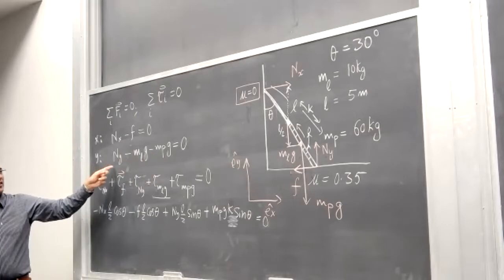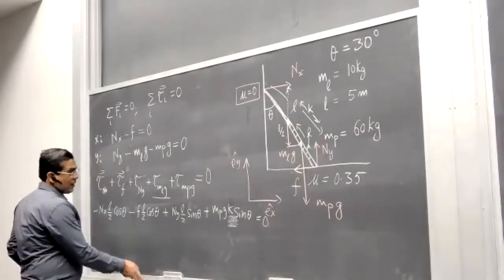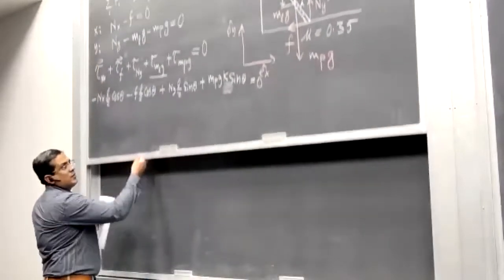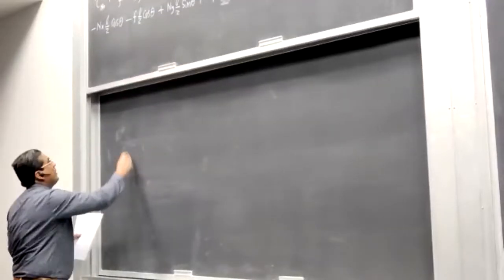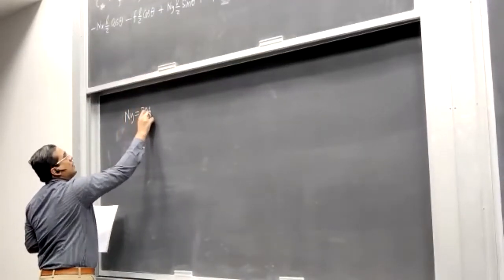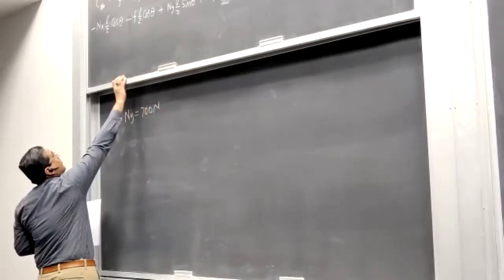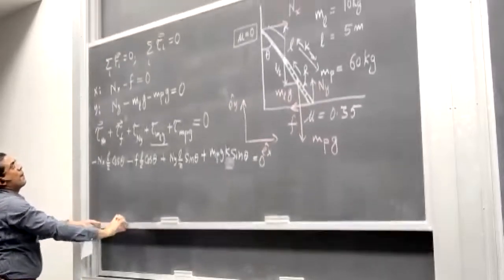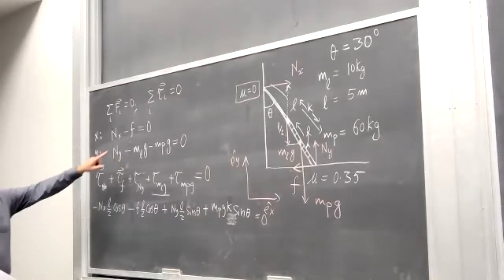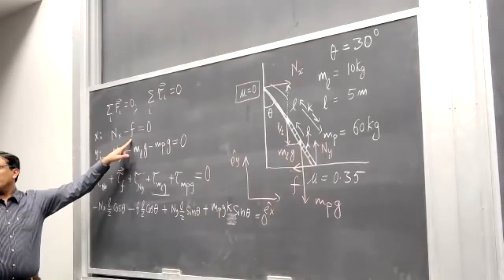How much will Ny be? Can you calculate it quickly? Sir, I think 700 is coming. 700 Newton. So Ny is 700 Newton. Once you find Ny, then you will know F, right?